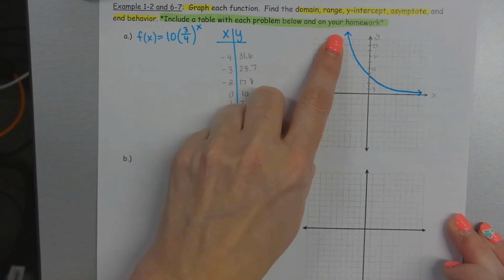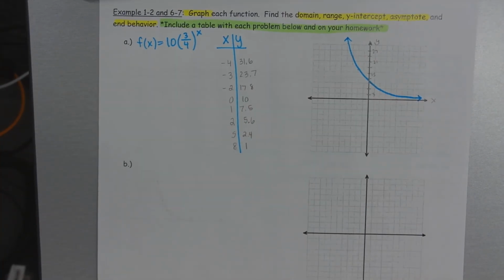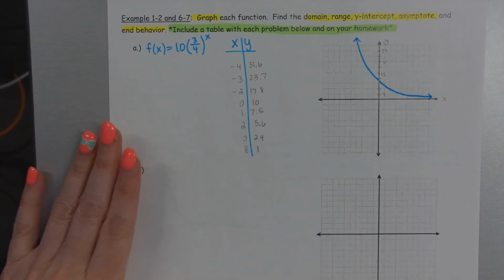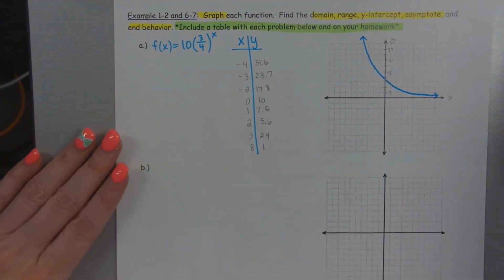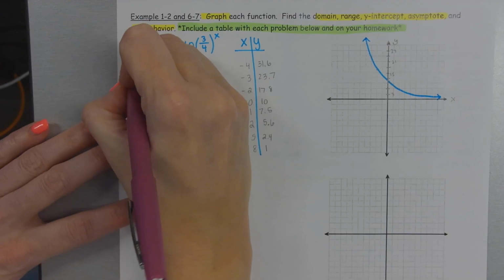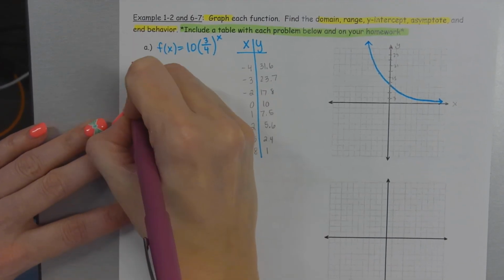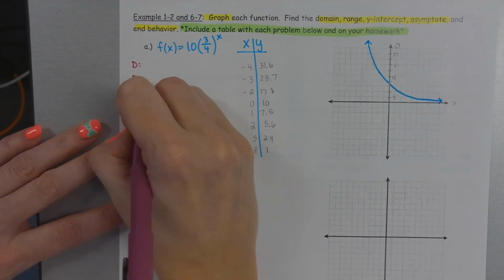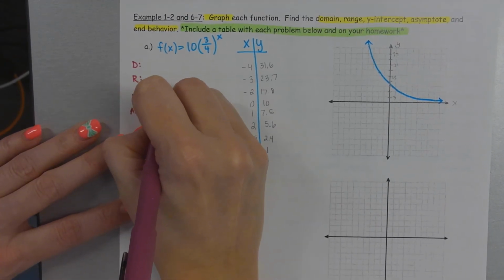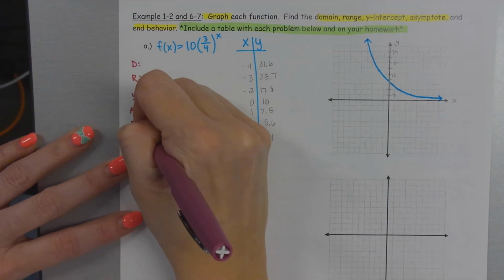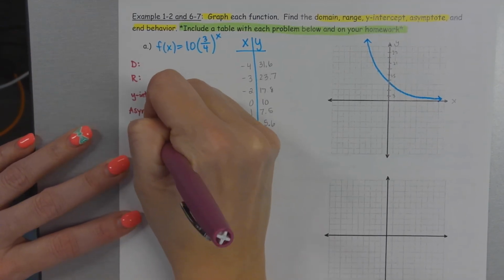So double check that, make sure you have an arrow at the top, an arrow at the bottom, and then once you graph, I want you to go through and find everything that it's asking you. So your domain, your range, your y-intercept, your asymptote, and we are going to put that on the graph, and then your end behavior.